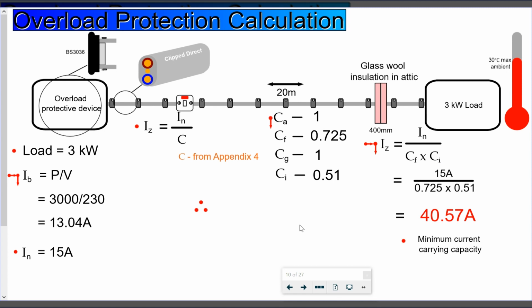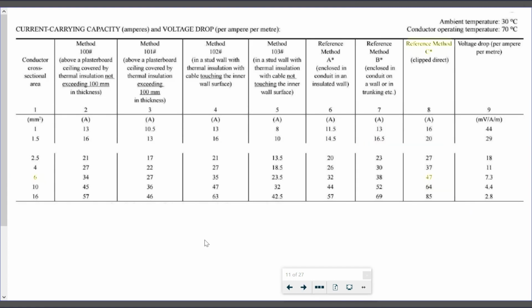Okay, so now that we've identified that minimum current carrying capacity, we need to go and identify a cable that can handle at least 40.57 amperes. Okay, so that's its tabulated value It. Now this cable is a flat twin and earth. We find the tabulated values for flat twin and earth in table 4D5 in Appendix 4.